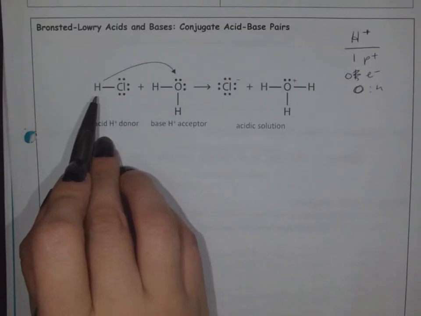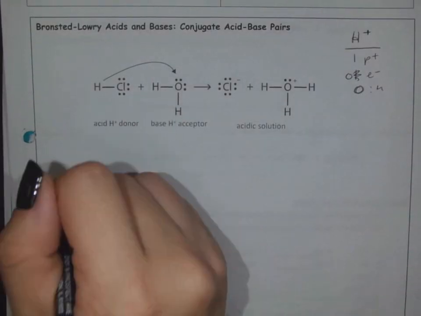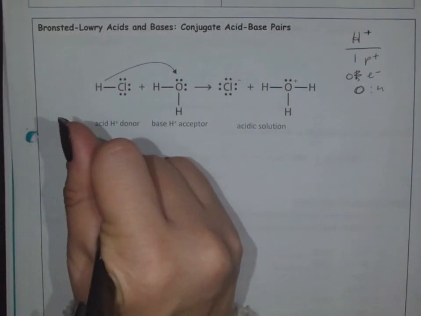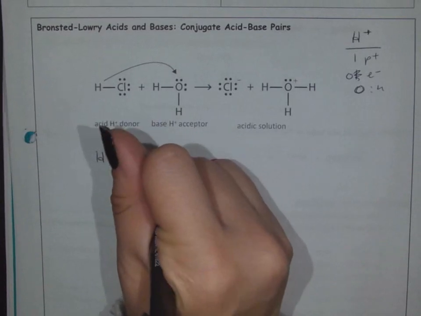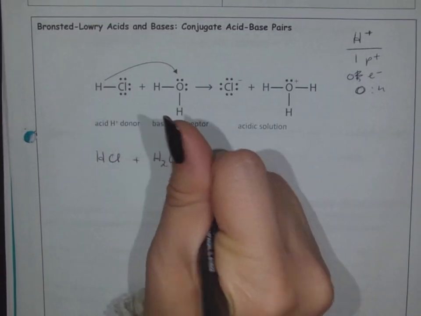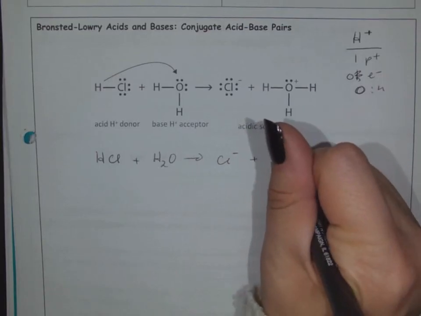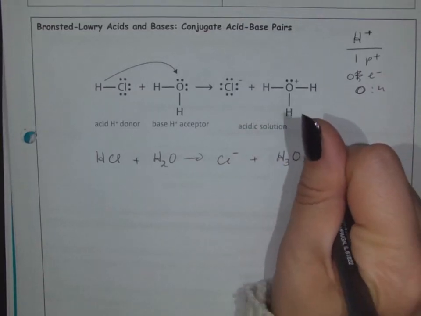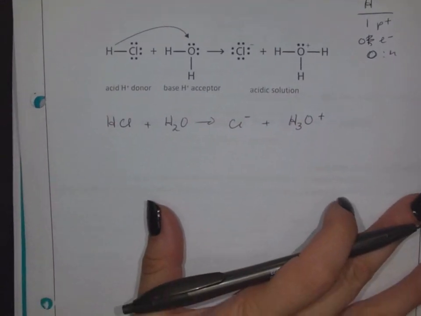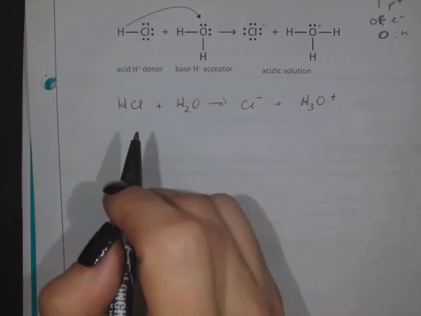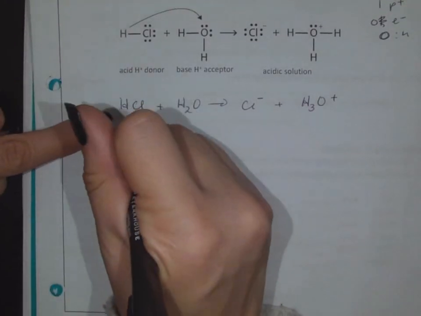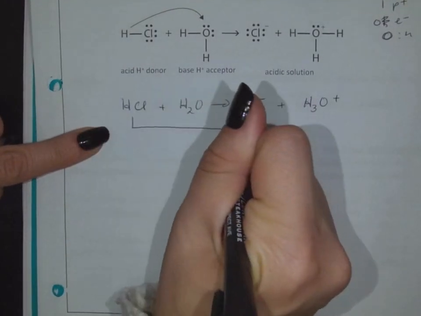Okay, I'm going to rewrite this formula. So we have HCl plus H2O turns into Cl- and H3O+. Okay. So look at what happens here. The HCl is going to lose a hydrogen.